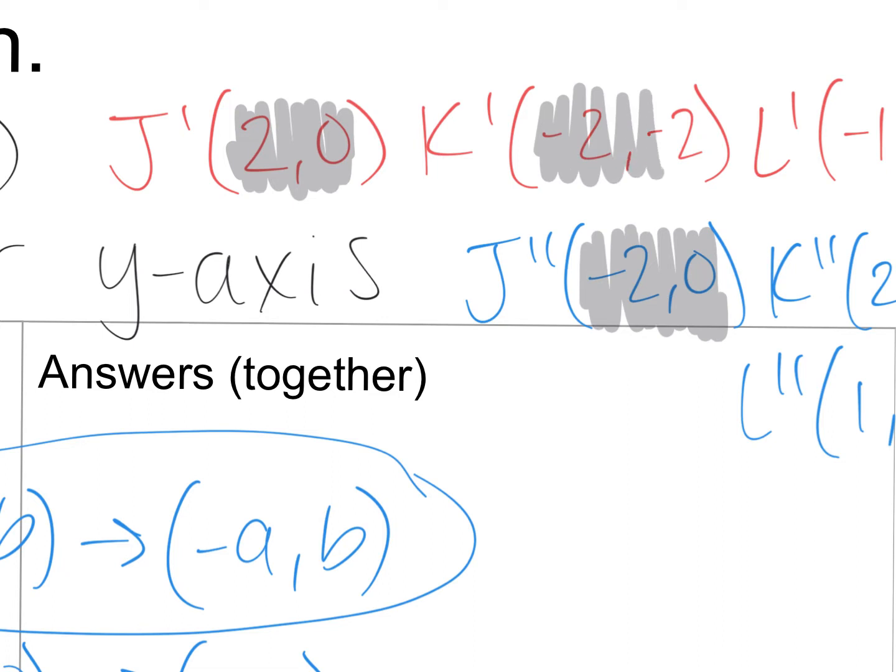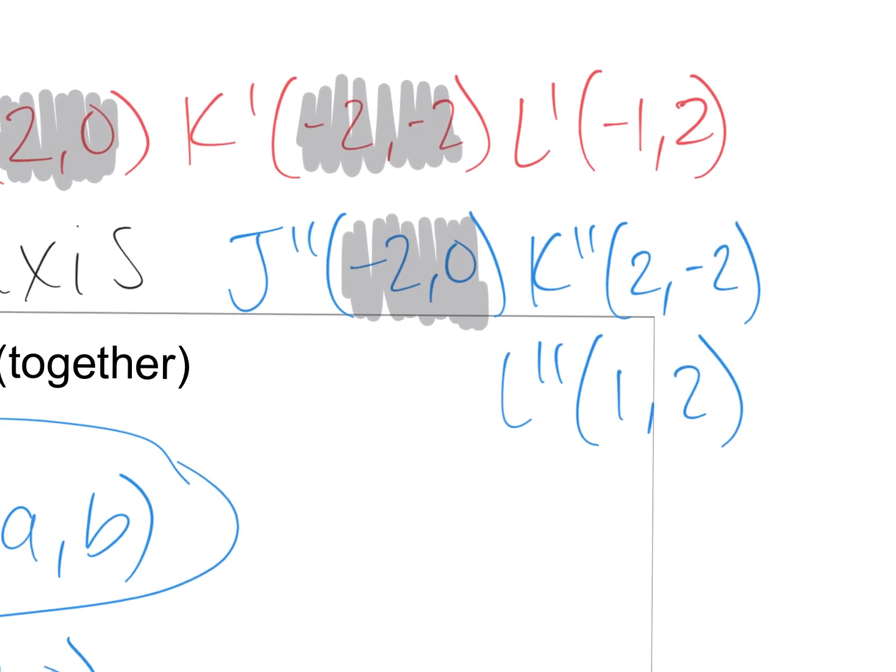From K prime to K double prime, that negative 2 in the x coordinate became a positive 2. Do you see that, Cody? So that's all that rule is telling you. It's showing you how you can change that coordinate to indicate a reflection. Okay? We good on this one?